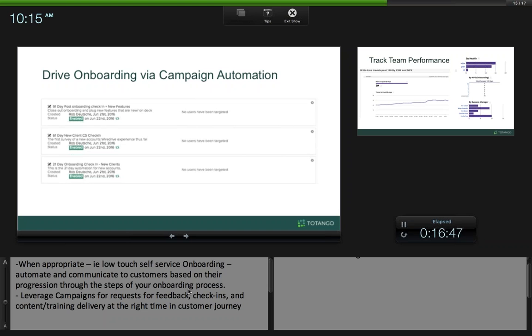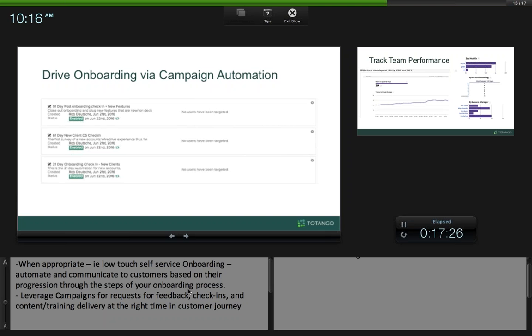So maybe they have to sign up, maybe they have to import data, maybe they have to set up specific tasks, maybe they have to configure something or integrate with something, and perhaps those things are easily automated. And you can really deliver a specific message to their inbox based on what they have achieved in their onboarding process or what they haven't achieved yet. So it really allows you to make this more of a seamless process without necessarily having an individual assigned to it by doing the campaign automation.